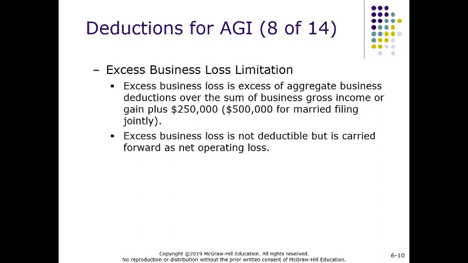For married filing jointly, it's $500,000. And so it's not deductible, the excess. It's carried forward as a net operating loss to be used in future years. But again, we're not going to cover it. There's a section in this chapter later on, but I'm just not going to cover it at this point.